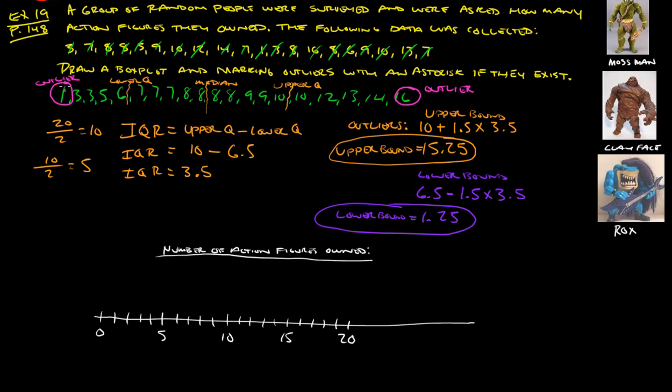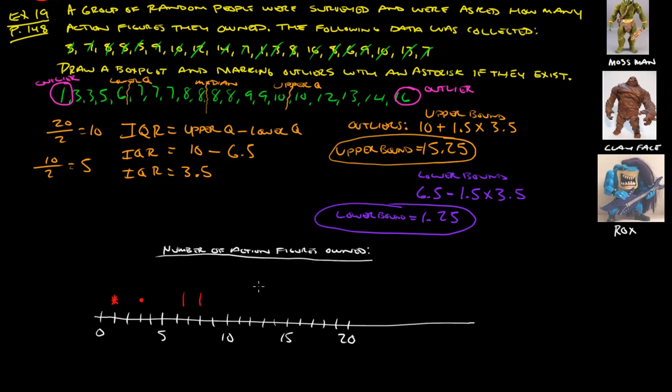So let's do this. Now, again, here's our outlier at 1. It says to draw a box plot and mark outliers with an asterisk if they exist. So we have an outlier here at 1, so we're just going to make a little asterisk there. Then really our first point on our whisker here is going to be at 3, and then our lower quartile is 6.5, so there's 6, there's 6.5, so there's our lower quartile. Median is going to be at 8.